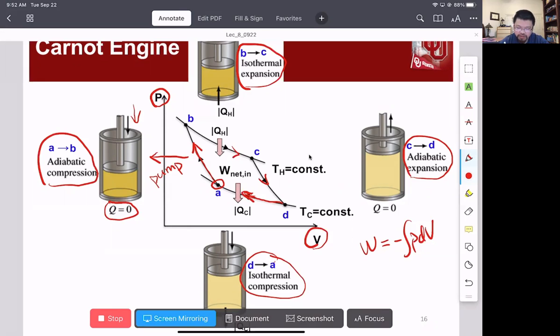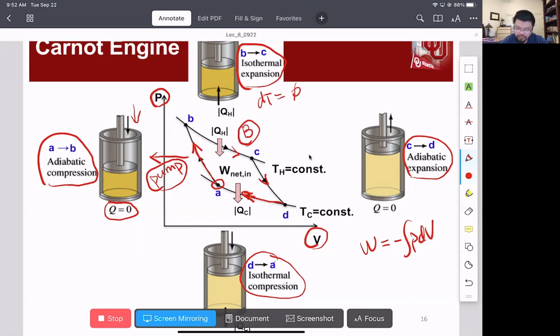Then along B, we are going to have the isothermal expansion. Isothermal means the temperature change is 0, or temperature is fixed, and we are going to have the expansion. Over there, we have the corresponding unit of boiler.